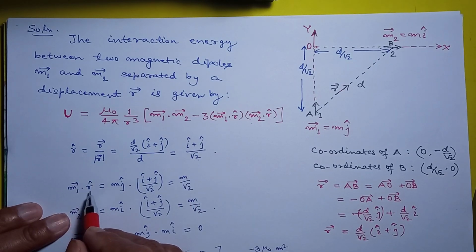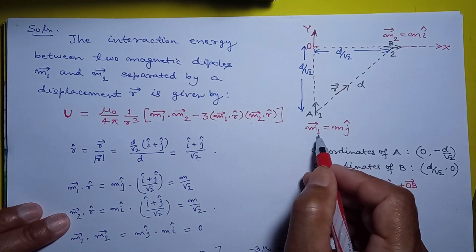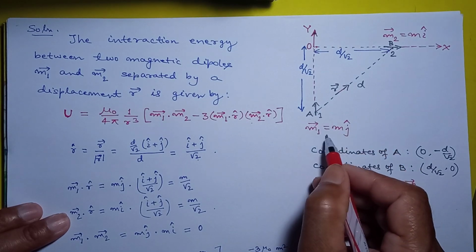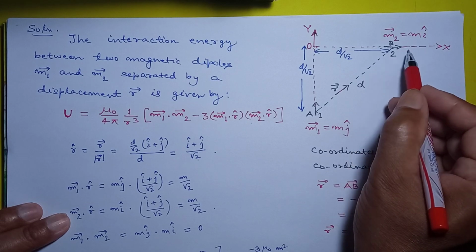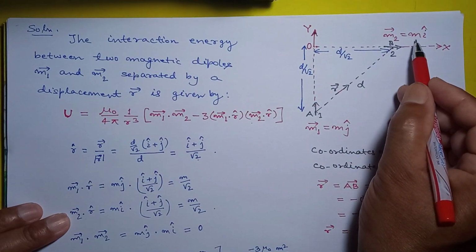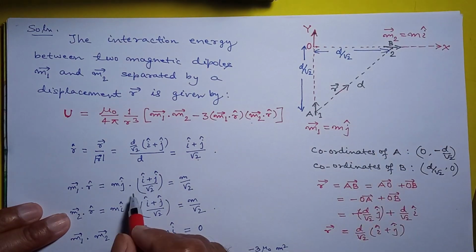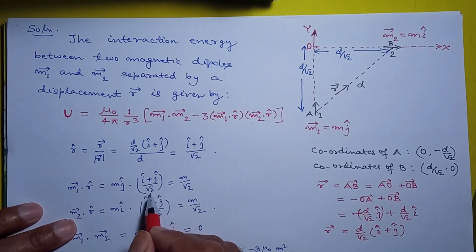Now vector m1 dot r hat. Vector m1 is m j hat, because it is oriented in y direction, and this dipole is oriented in x direction, so it is vector m2 equals m i hat. M represents its magnitude, i hat its direction. So it is m j hat dot i hat plus j hat upon root 2.